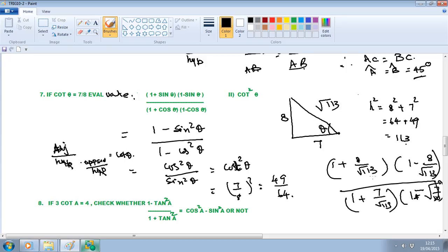If you solve this, you take it as a plus b into a minus b, a square minus b square. So this is b square, 8 square divided by 113, and in the denominator it is 7 square divided by 113. This 113 will get cancelled.